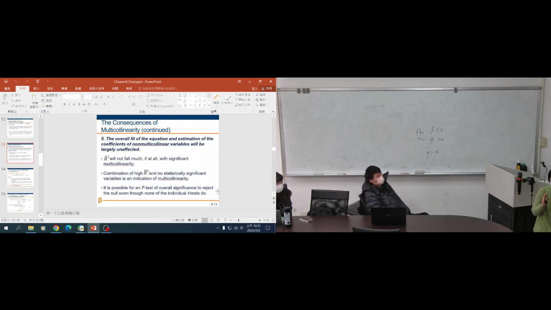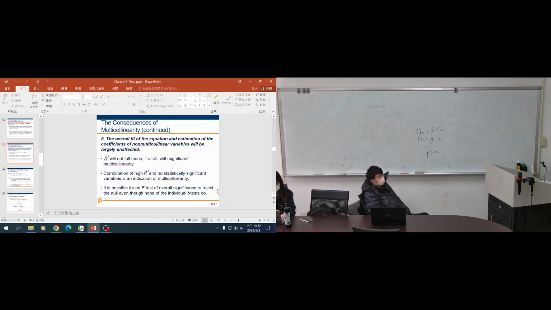Yes, the higher the adjusted R square, the better the model fits. So if the adjusted R square is high and the model fits so well, how come our X variables are not significant?